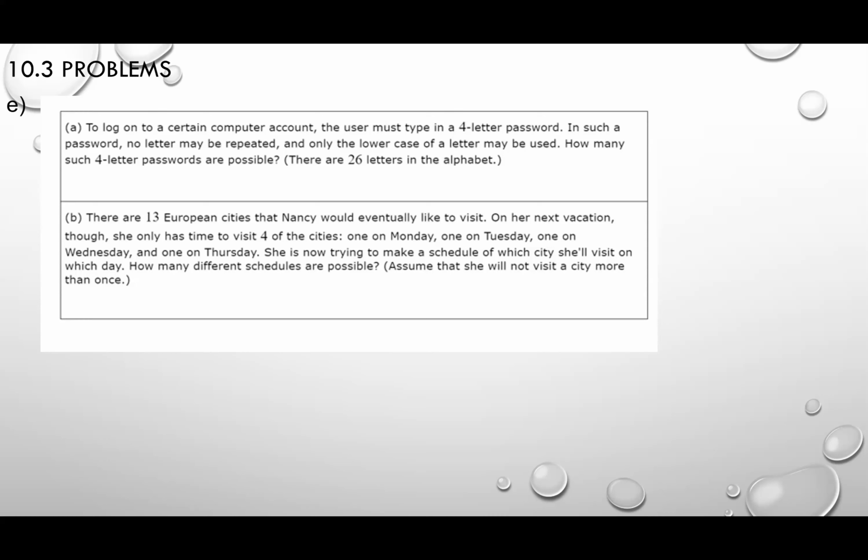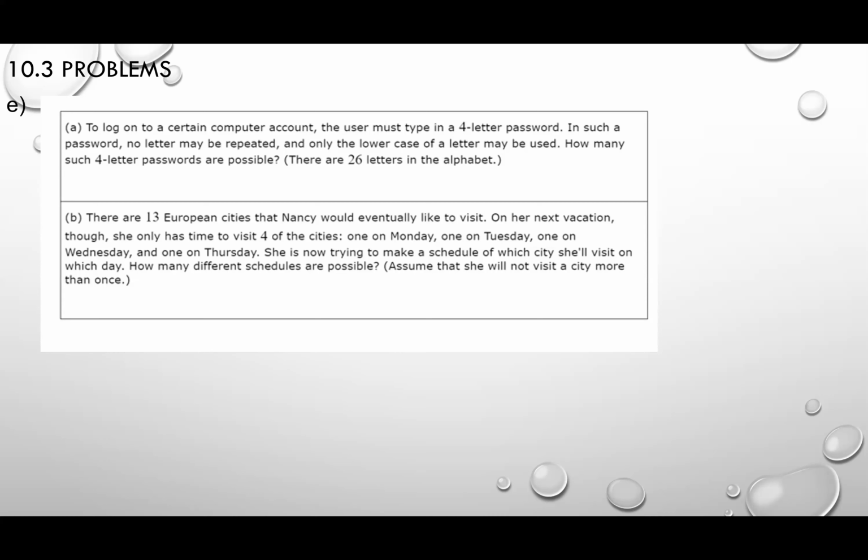Let's say your password is A, B, C, D. Hopefully that's not your password, but let's say that your 4-letter password is A, B, C, D. It has to be that specific order in order for you to log in. You cannot put in DCBA and have it unlock. To log into this computer, you have to put in the specific order of the letters that your password is.